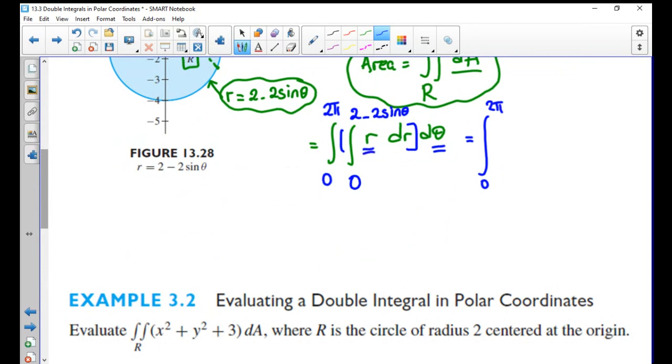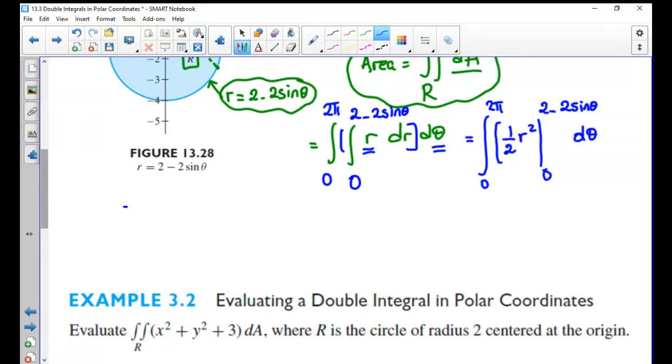What is the integral of r with respect to r? r squared over 2. So it's half of r squared then, from 0 to 2 minus 2 sine theta, and then d theta.